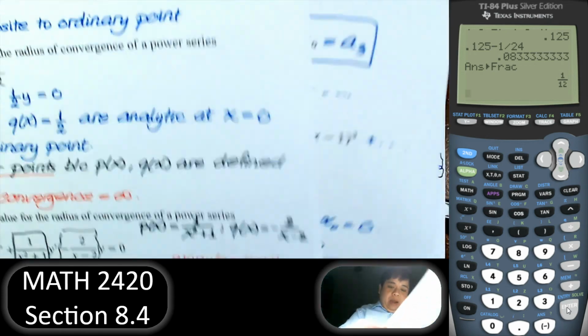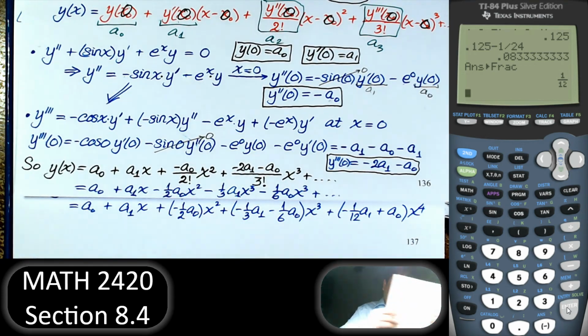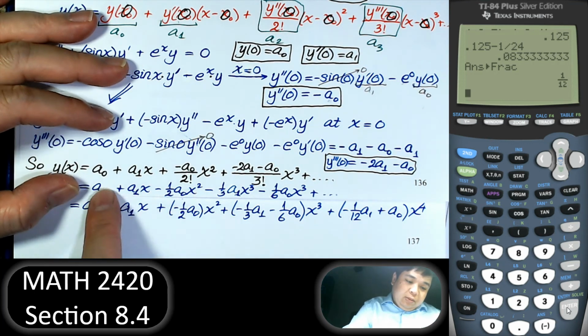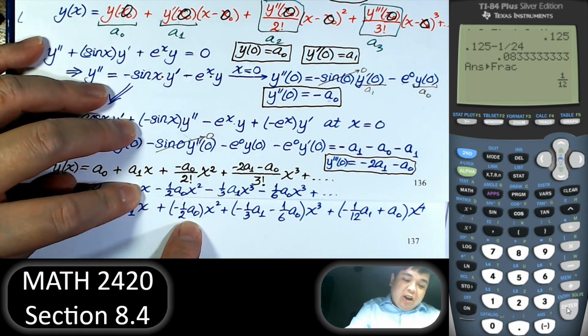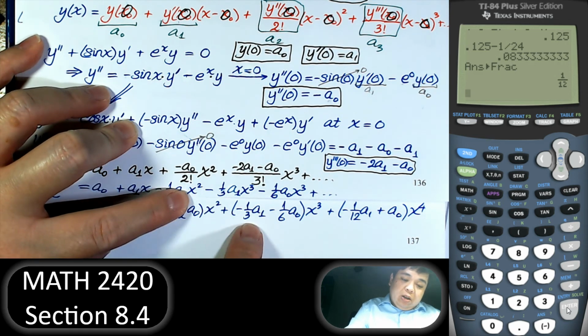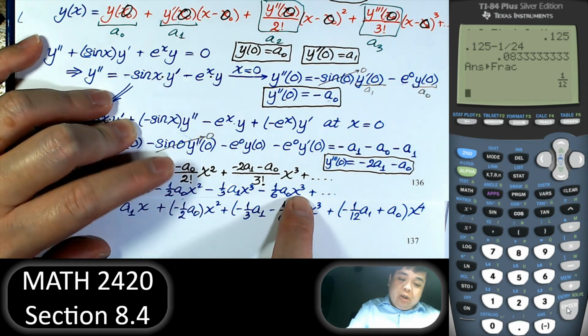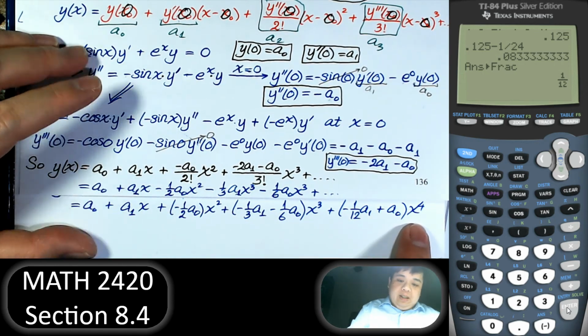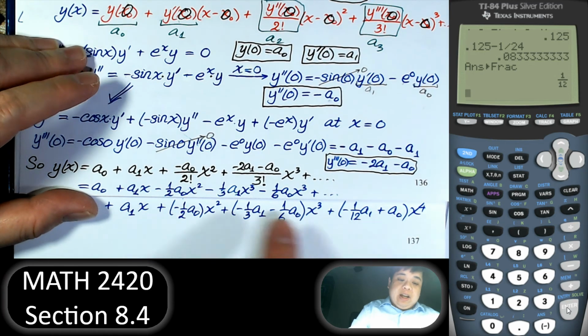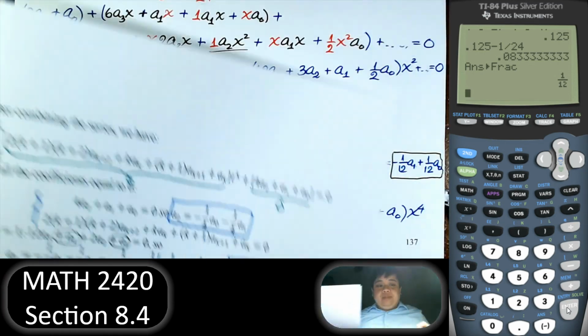Now if we compare to the solution we have on the previous page, a naught, a1 x, negative 1/2 a naught x squared, negative 1/3 a1 x cubed, negative 1/6 a naught x cubed, and then we even have the fourth term. So they are actually the same.